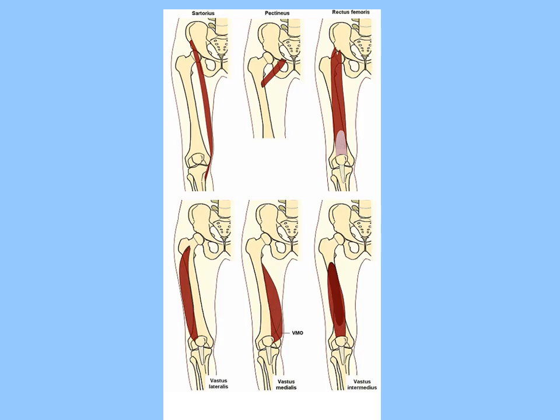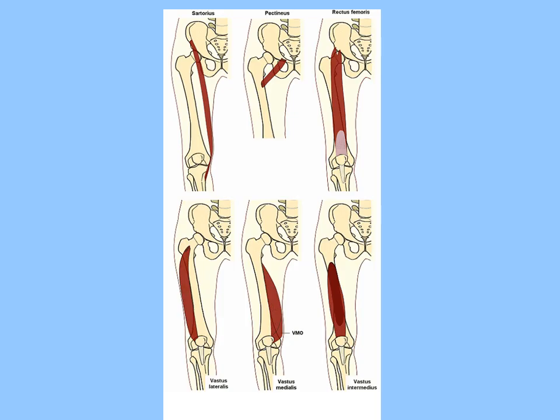The muscles of the anterior compartment include the sartorius. The sartorius flexes the hip, abducts the hip, and externally rotates the hip. Because of its attachment distal to the knee, it will also flex the knee.